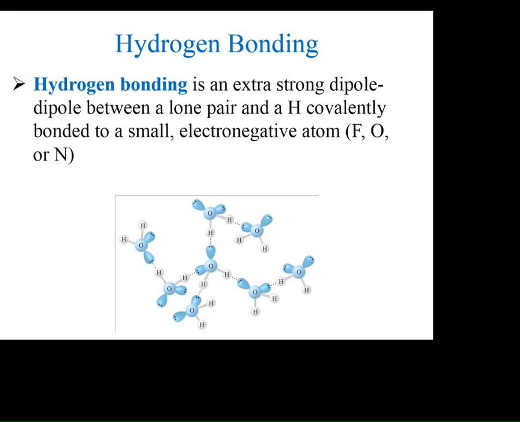They have a lone pair on the molecule, and they have a hydrogen bonded to either a fluorine, an oxygen, or a nitrogen. So you have to have an HF, HO, or HN bond, and you have to have that lone pair. These are still polar molecules, but the polarity is extra special strong here.